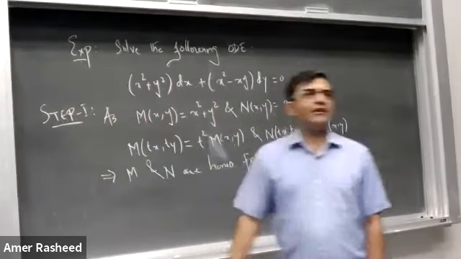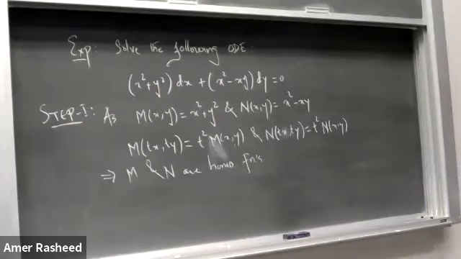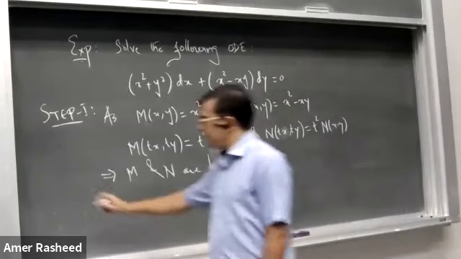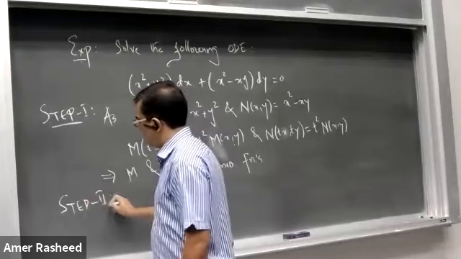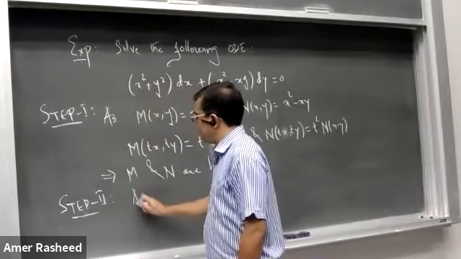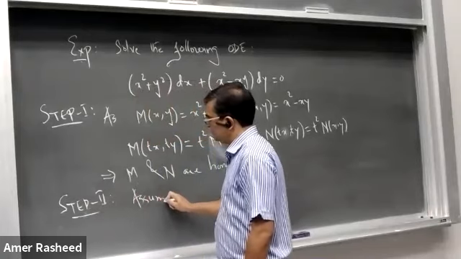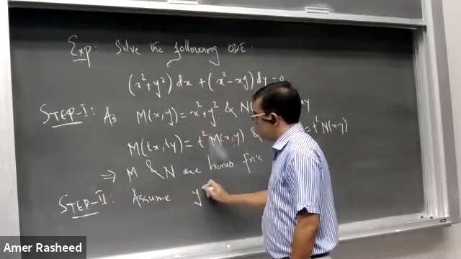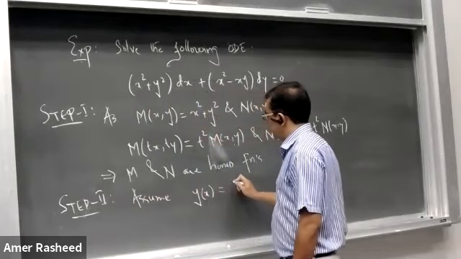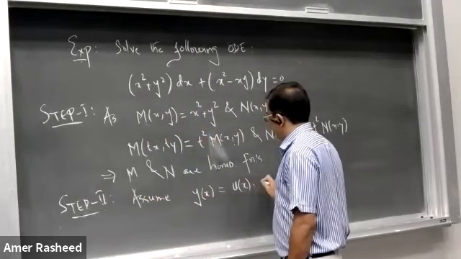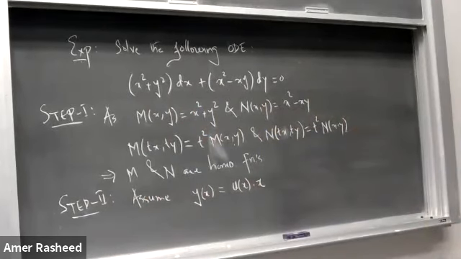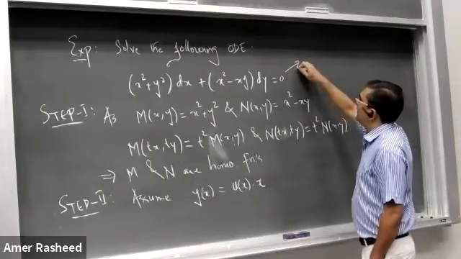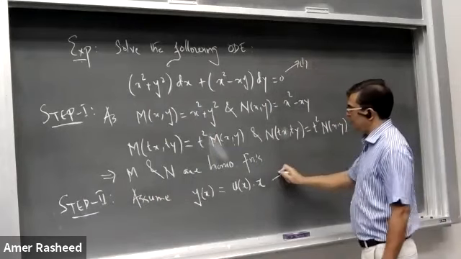In order to solve this homogeneous ODE, step two is you assume that y is equal to u of x times x. You call it one and you call it two.